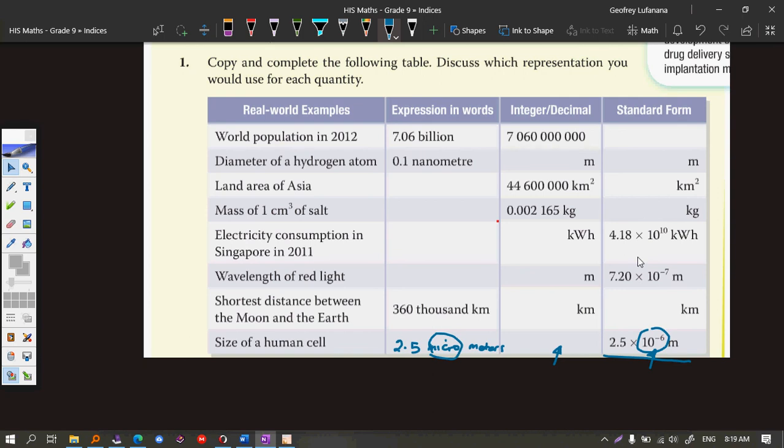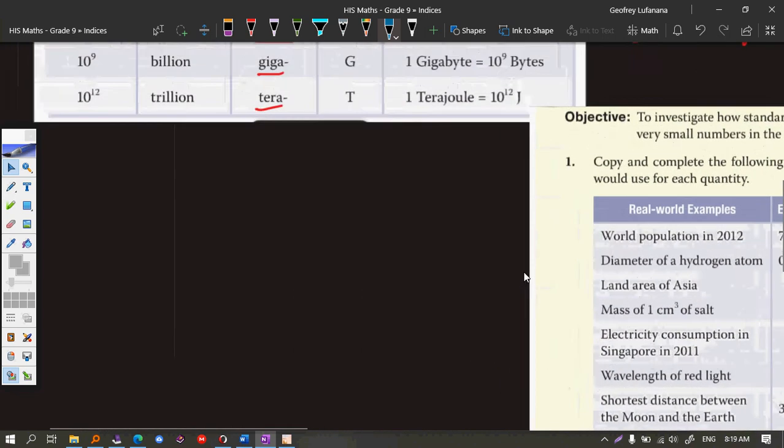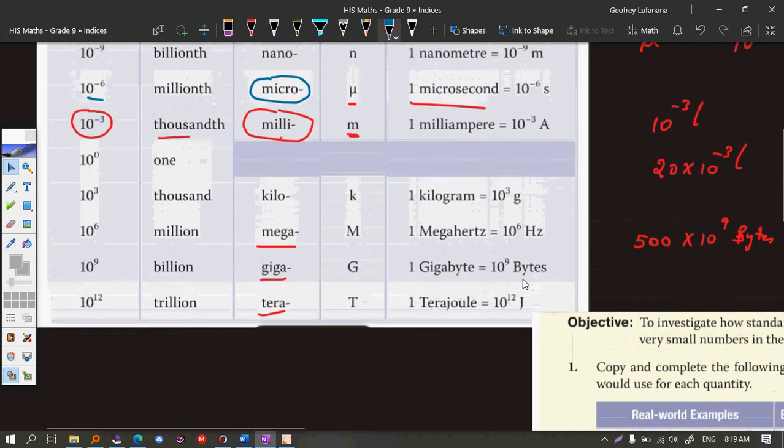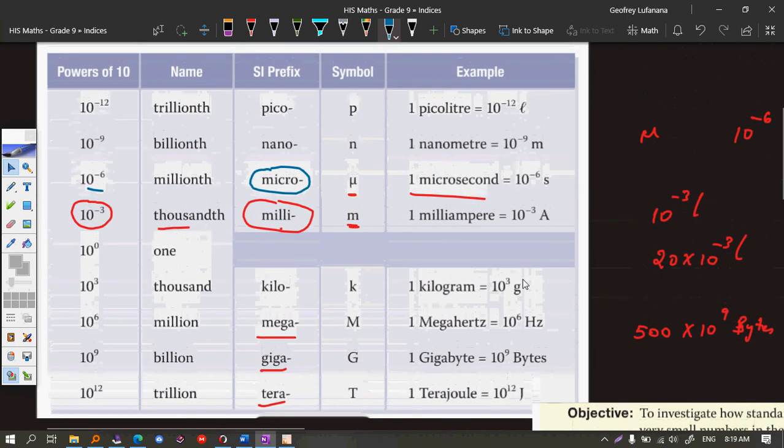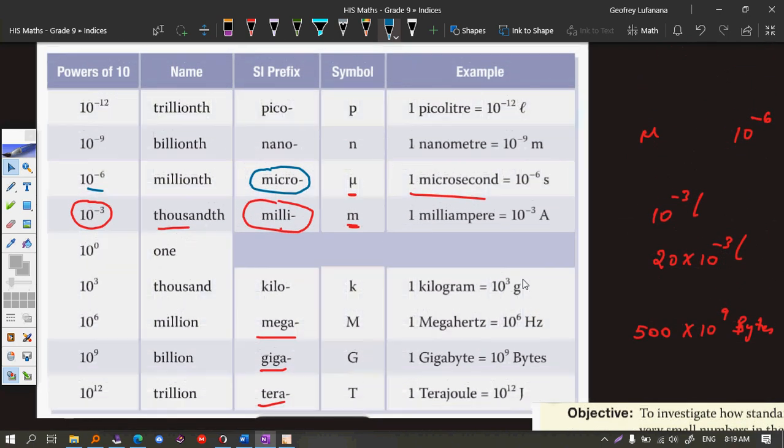Good. Let me try out another one for us. We have the wavelength of light, and that is 7.2 times 10 to the power negative 7. So I'll go to my table and look at, do I have a negative 7 anywhere? No, I don't. But I do have a negative 6.